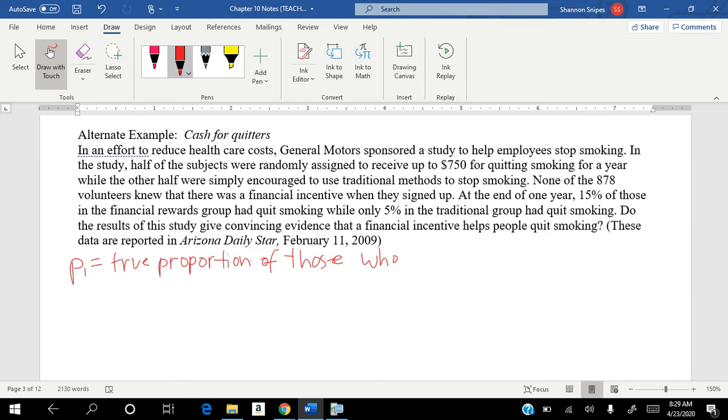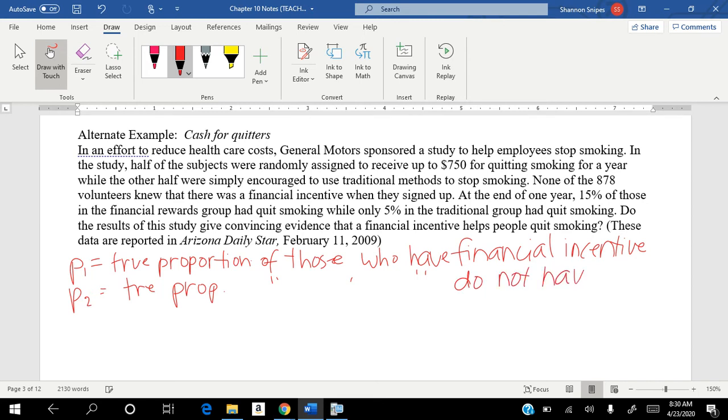So we want P1 to be the true proportion of those who have a financial incentive, and P2 the true proportion of those who do not have a financial incentive.